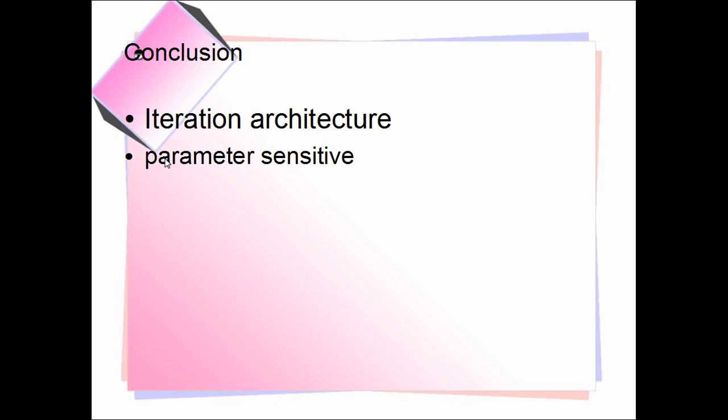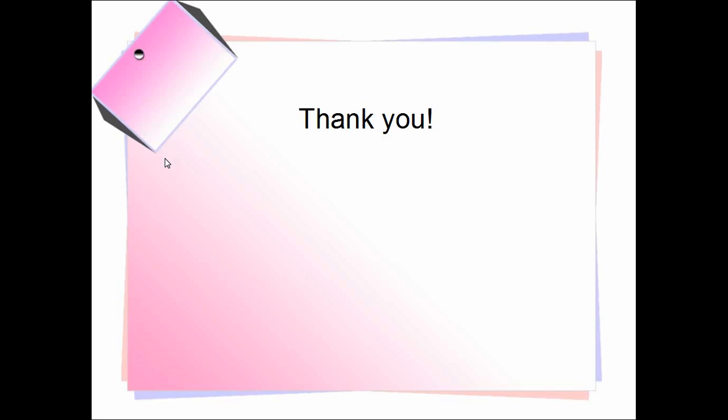But on the other hand, the turbo code system is parameter sensitive. Here we just used additive Gaussian noise. If other kinds of channel join the communication system, the turbo code may not perform that well, and it may need to be improved in that case.